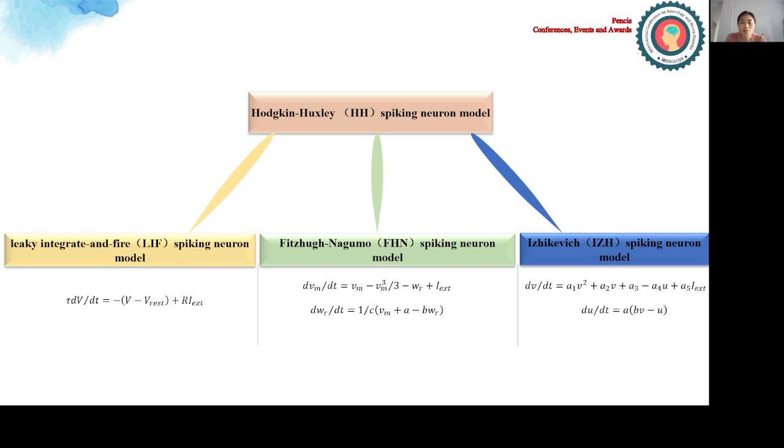The LIF spike neuron model consists of a differential equation with a few parameters. The FHN spike neuron model consists of two differential equations with three control parameters. The IZH spike neuron model consists of two differential equations with two control parameters.